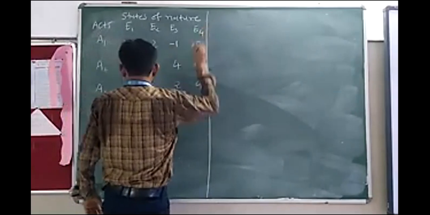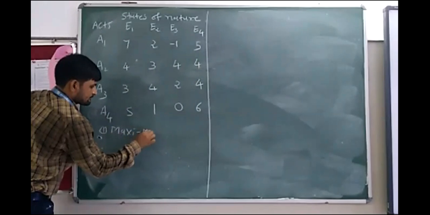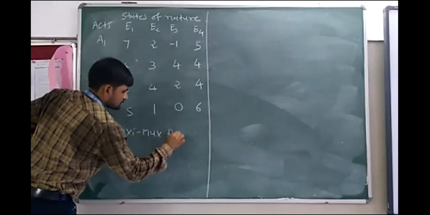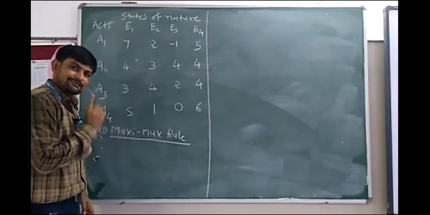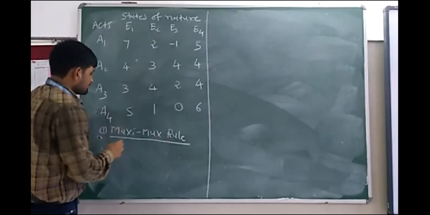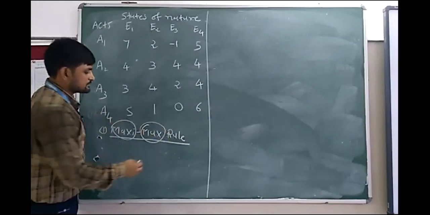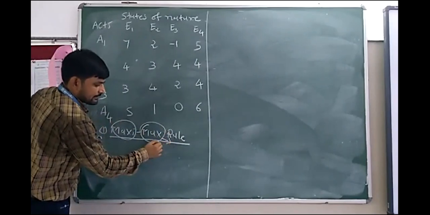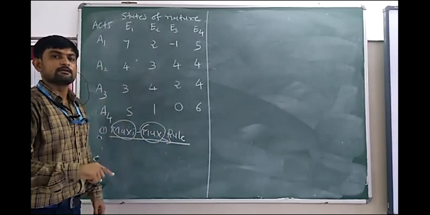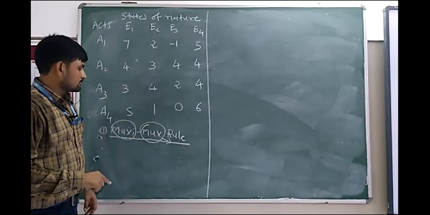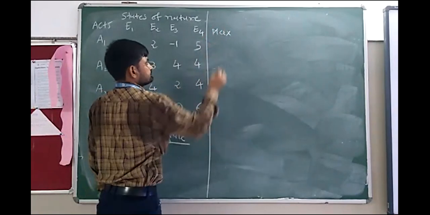So first rule is the Maximax rule. According to the Maximax rule, we will select that act as the best act which has the maximum of the maximum payoff. That means first we'll find the maximum payoff, and then select the maximum again, and that act will be considered the best act.